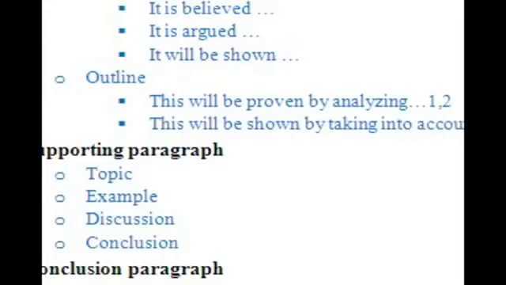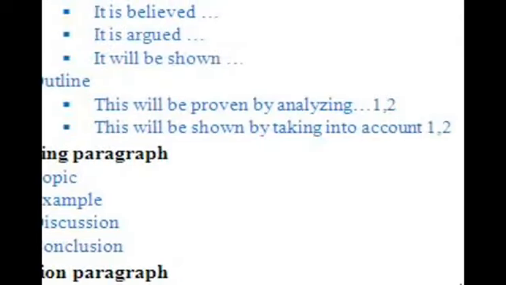So this will be proven by analyzing this and this, or this will be shown by taking into account. This will be shown by taking into account, and then again 1 and 2. So this will be shown by taking into account this and this.